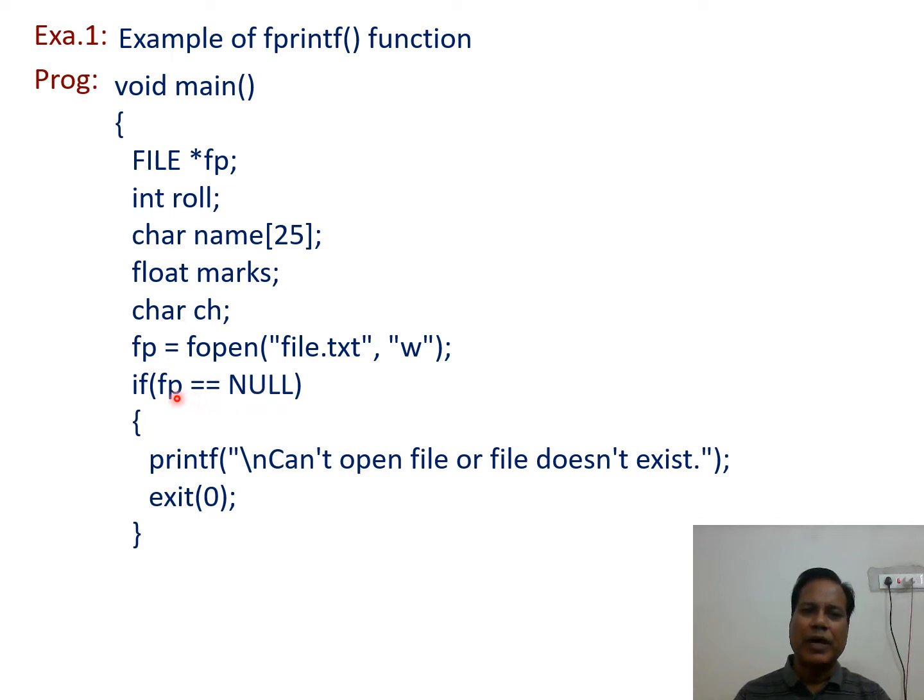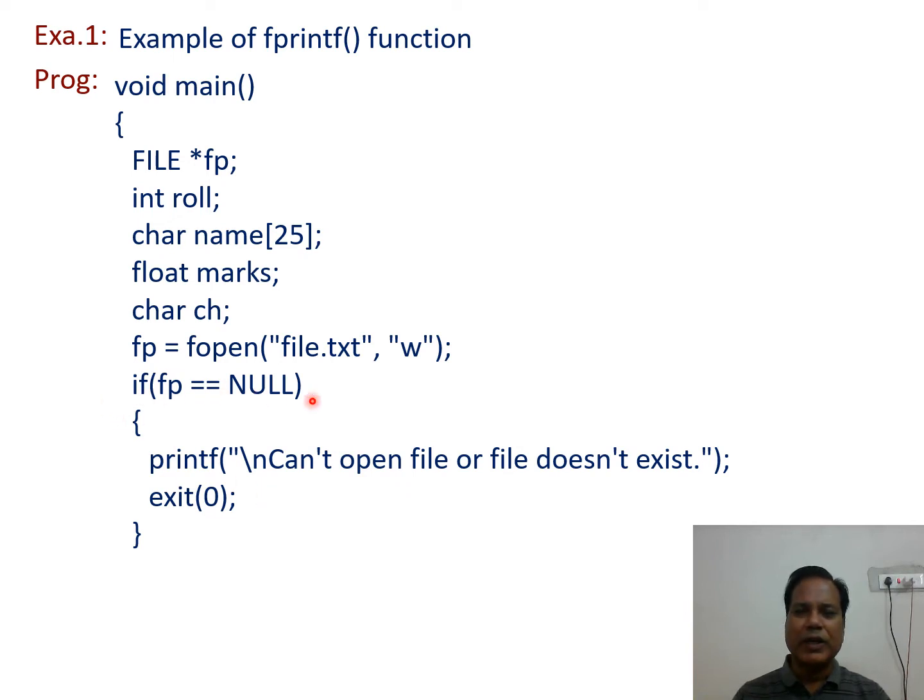If the file pointer is assigned a value of NULL and this condition is true, then printf "can't open file or file doesn't exist". This message is printed on the output screen, and the program exits with the help of the exit(0) statement. So the program comes out of the main function.